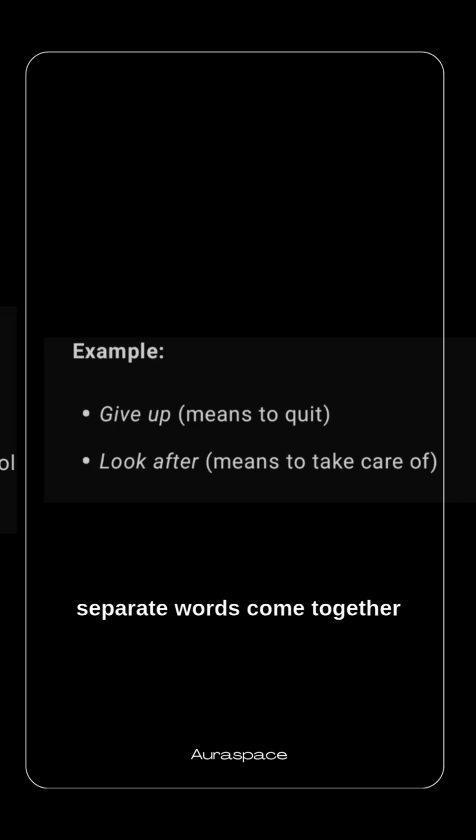These separate words come together to form a different meaning, right? Give up means to quit, but taking the literal meaning of the separate words will not mean the same, right? The second one is look after, which means to take care of, right?